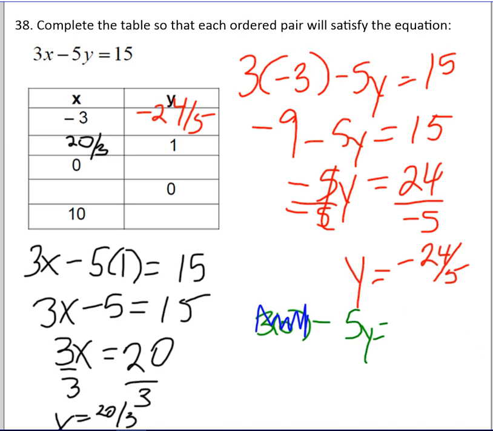Let me fix that. And so when we divide by negative 5, we see that our y value is negative 3. So 0, negative 3 for that ordered pair.